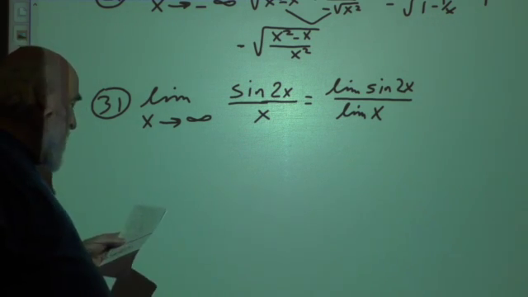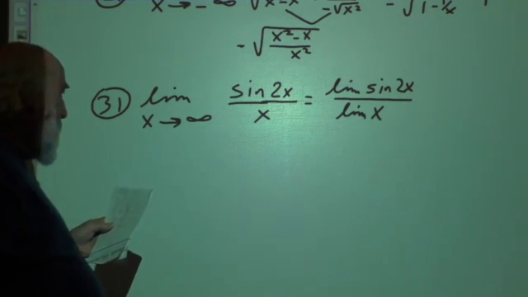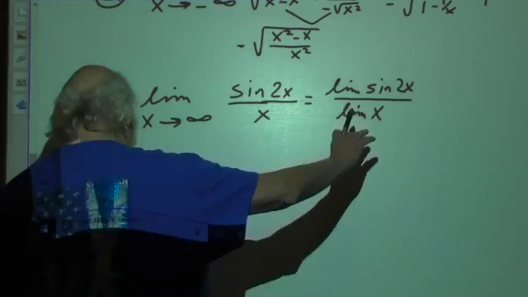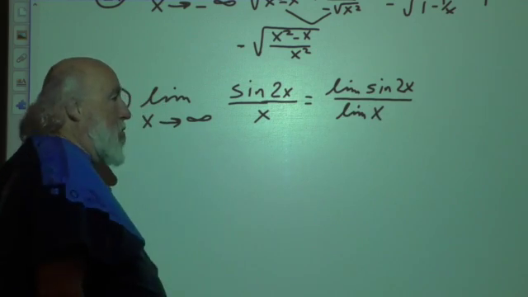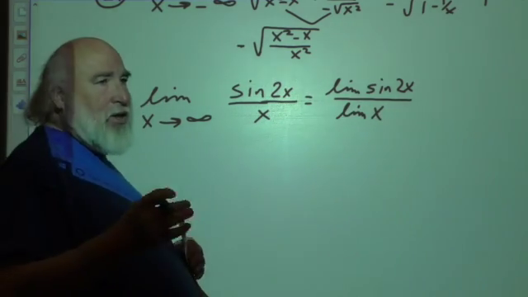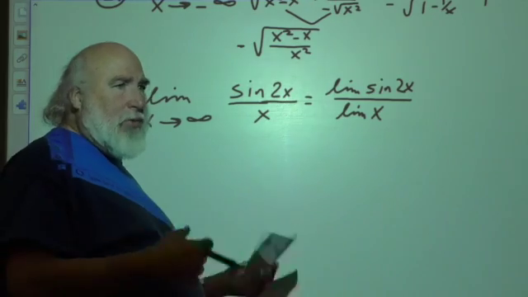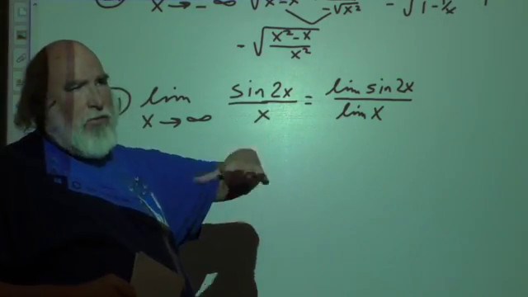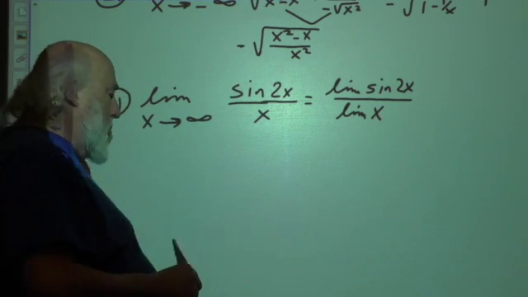Now, in this kind of scenario, we're going to be looking at the range of possibilities for the sine of 2x. Now, we know that sine of x and the sine of 2x, sine of 3x, sine of 5x, they all have the same range. It's from negative 1 for a minimum to a positive 1 for a maximum.